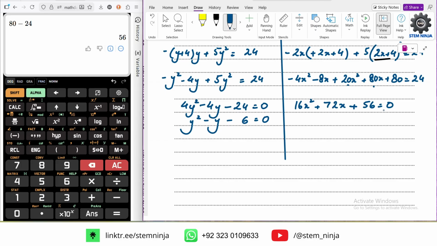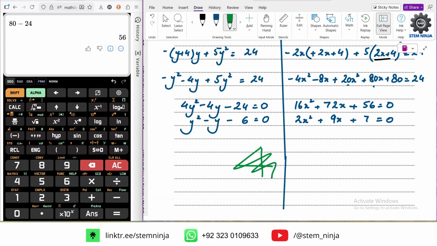They're all divisible by 8, so 8 times by 2, 8 times by 9, and 8 times by 7. So if we do this way, one of them is negative, one of them is plus, so just simple sum and product rule.